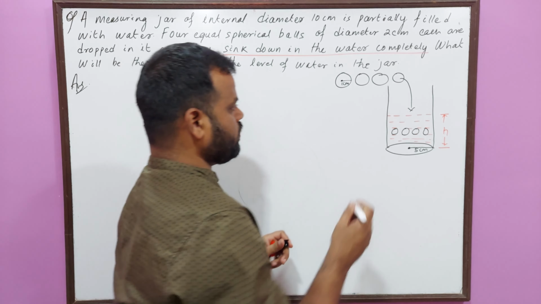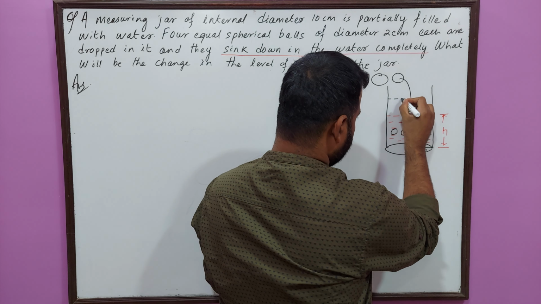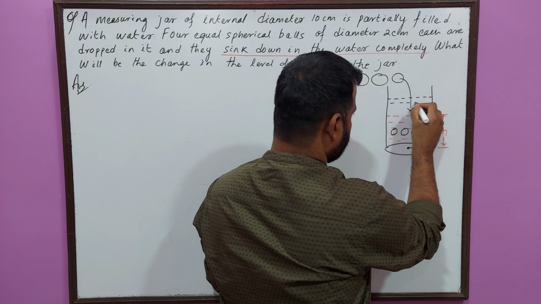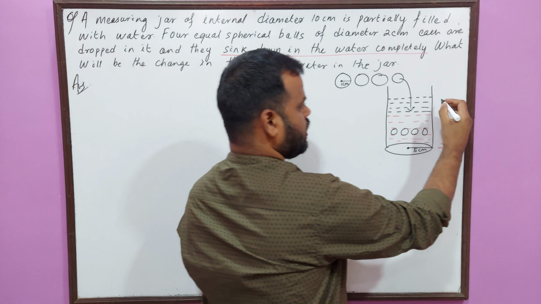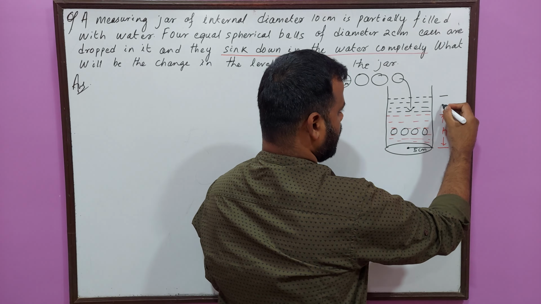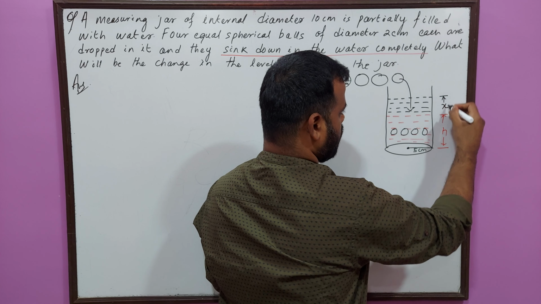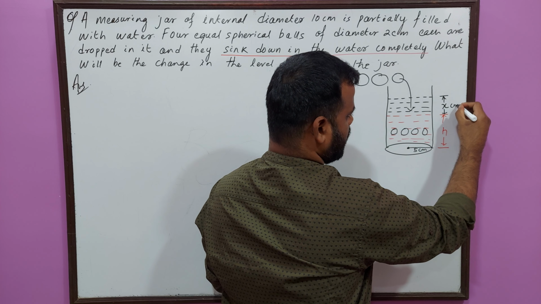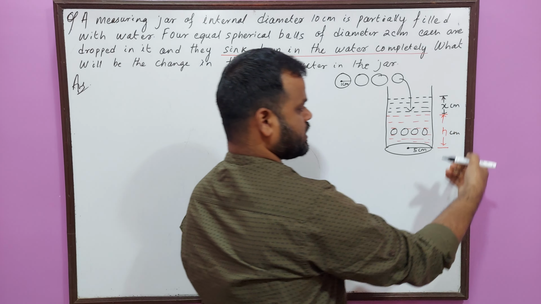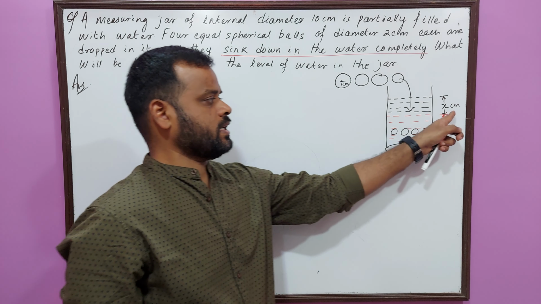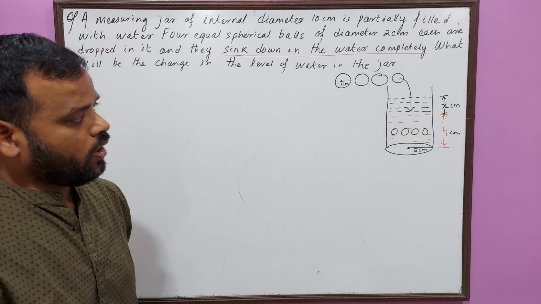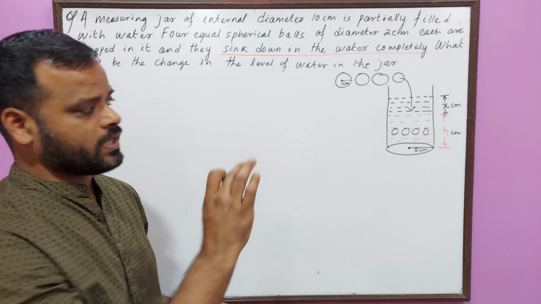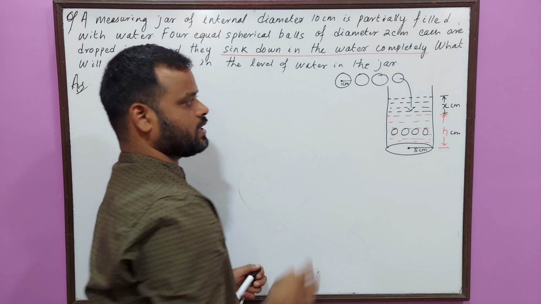So we assume that the height of the water increases by this black portion, by an amount of x centimeter. The original height was h centimeter and it increases by an amount of x centimeter.